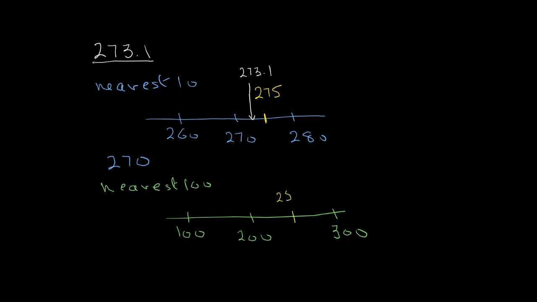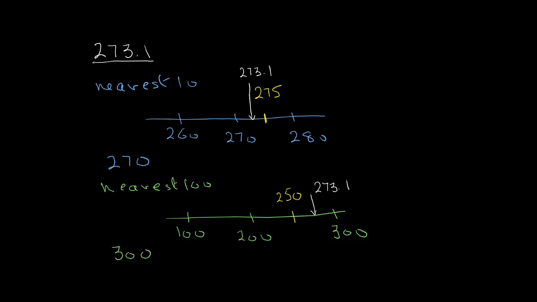This is in the middle of 200 and 300. 273.1, to be more precise, is going to be somewhere over here. You can clearly see it's closer to 300 as compared to 200. So the answer will turn out to be 300.